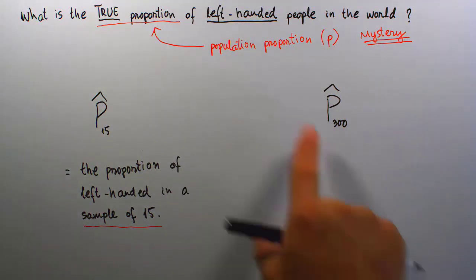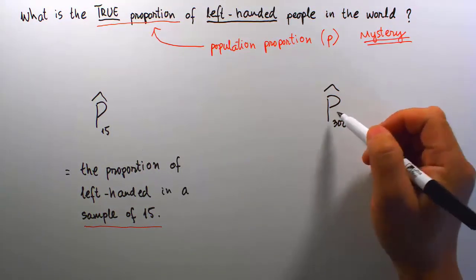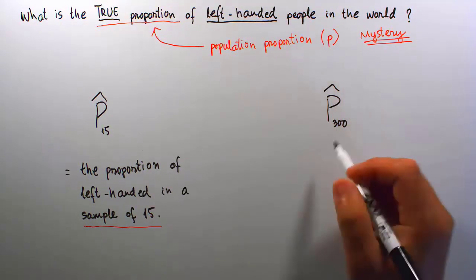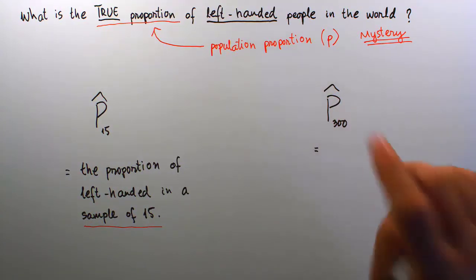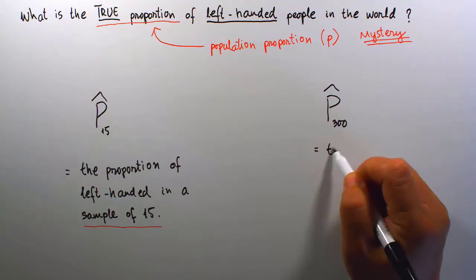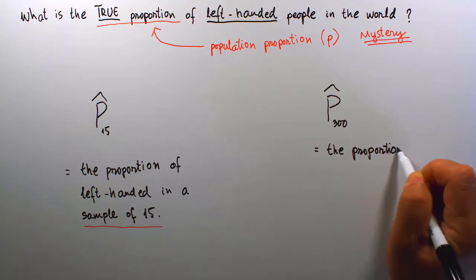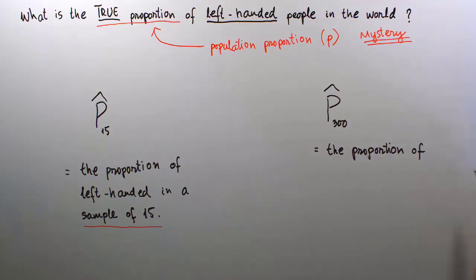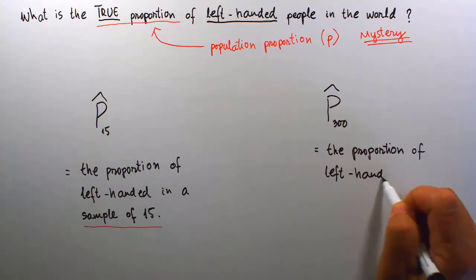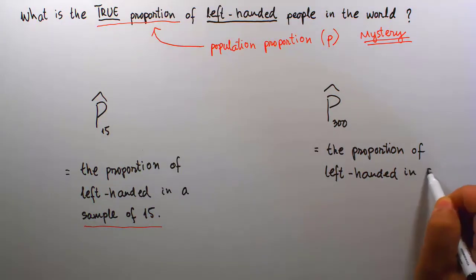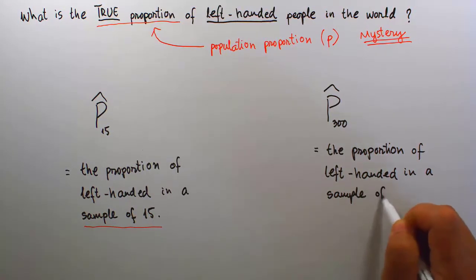Whereas in the same study about the proportion of left-handed people, if I now use the random variable capital P hat subscript 300, this means each value that this random variable will take represents, with almost identical meaning, the proportion of left-handed people in a sample of 300.